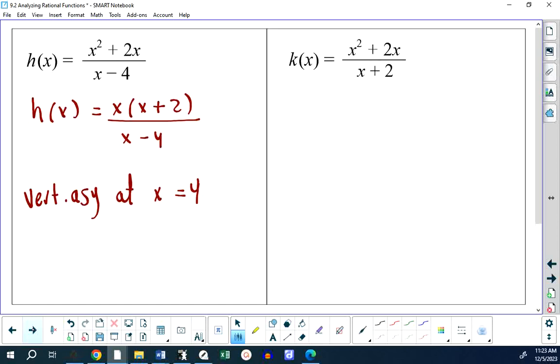Because this is telling us x cannot equal 4, and because the x minus 4 survives. Do you get what I mean by survives? It doesn't cancel? Any questions with h of x?